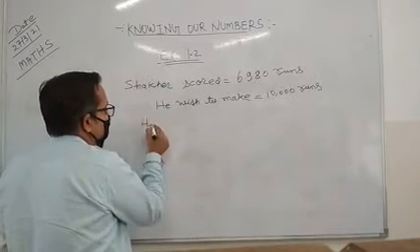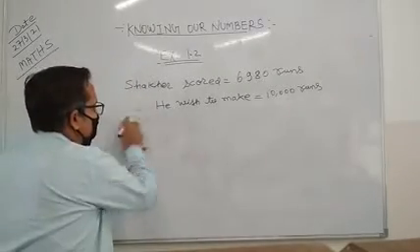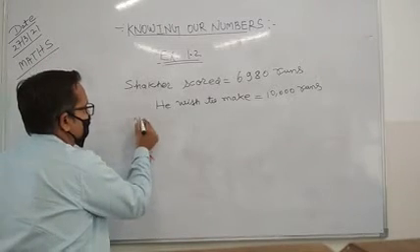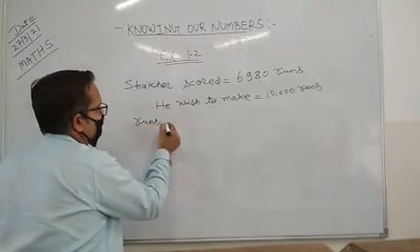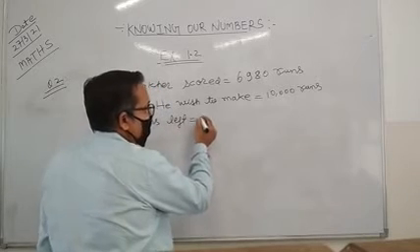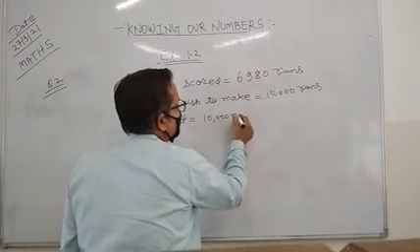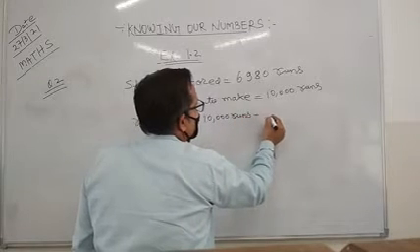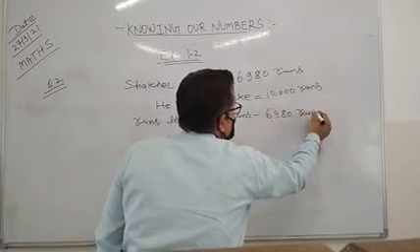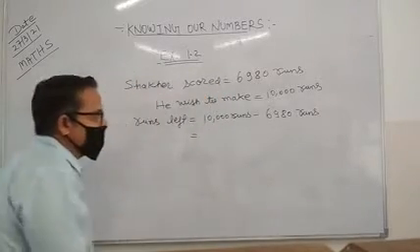We will write runs left. For that, we will take 10,000 runs minus 6,980 runs, and whatever we get is the answer.